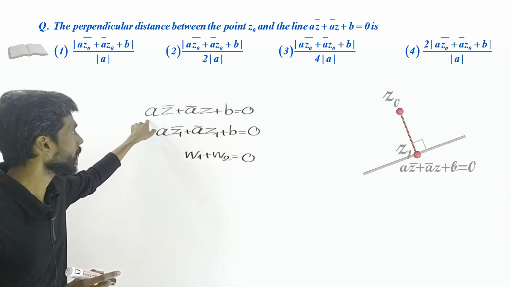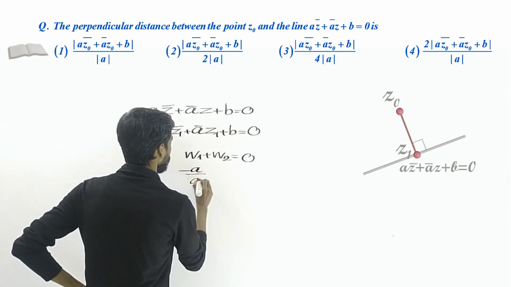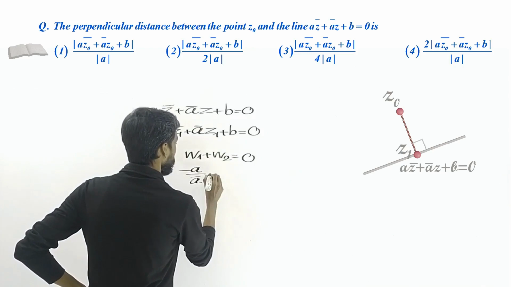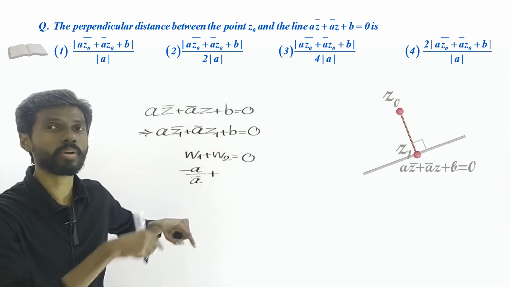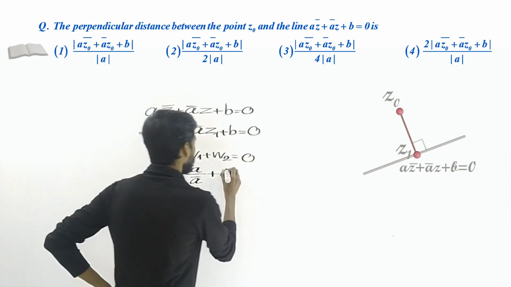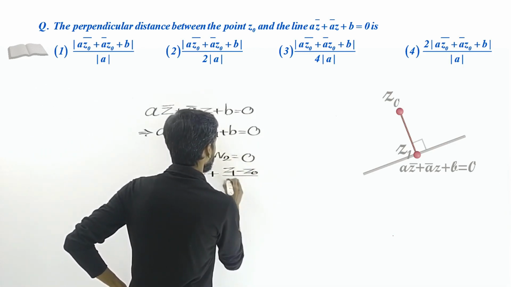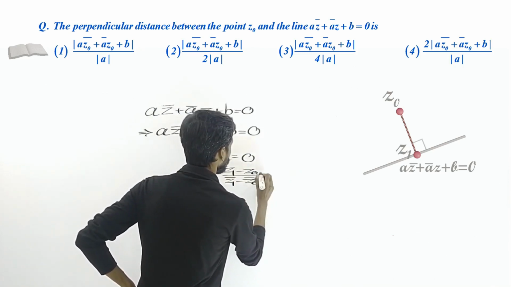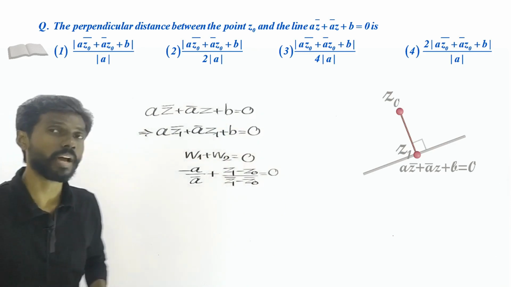So minus a divided by a bar, so that is the slope of the line. Plus the slope of the line joining z0 and z1. So that also has a formula. So that is (z1 minus z0) divided by (z1 bar minus z0 bar). So this sum equals 0, right? So sum of slopes is 0 if the lines are perpendicular.